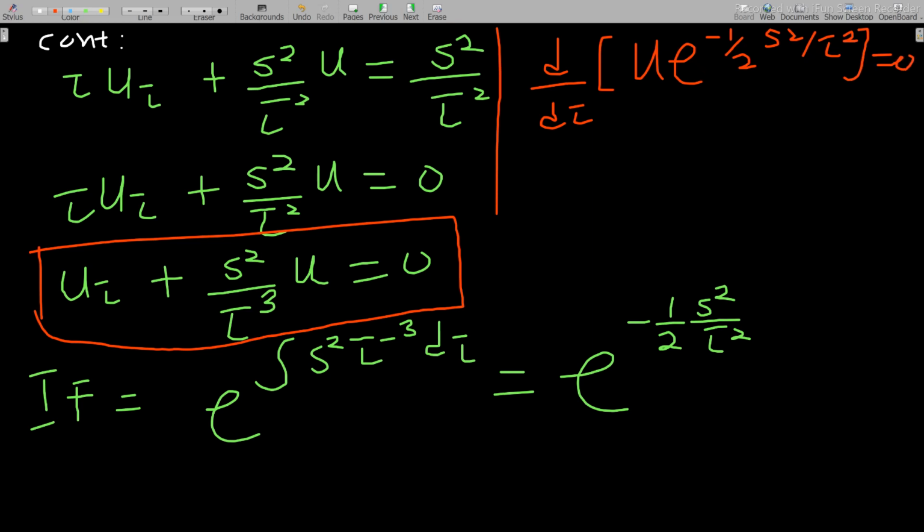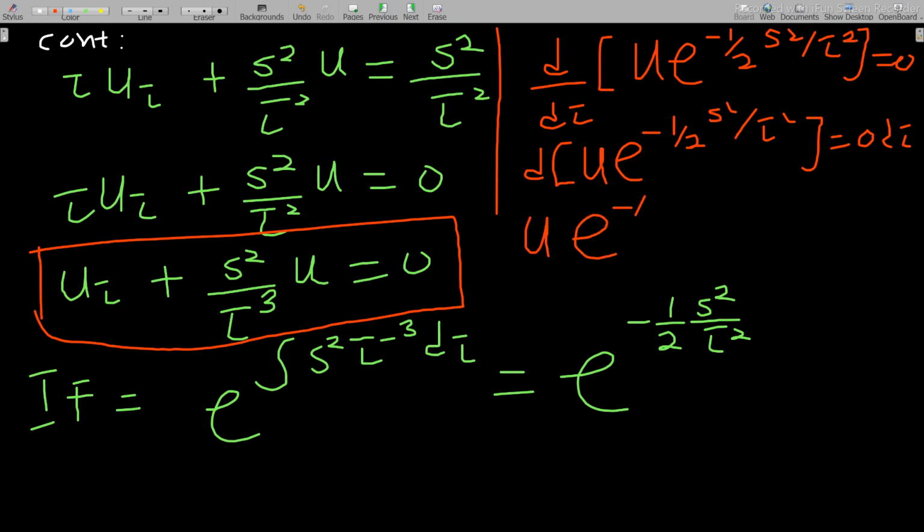Now this will be the integral of both sides, but actually the left side will be d. Let me write it so that you get it more: the derivative of u e to the negative 1 over 2 s squared over tau squared, d tau, is equal to 0. Instead you have u e to the negative 1 over 2 s squared over tau squared should be equal to some constant.